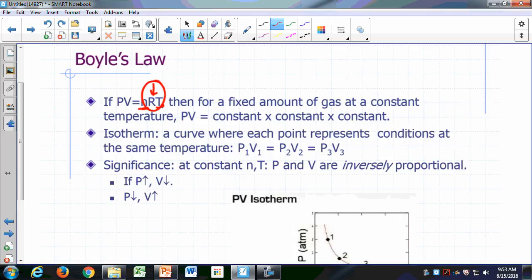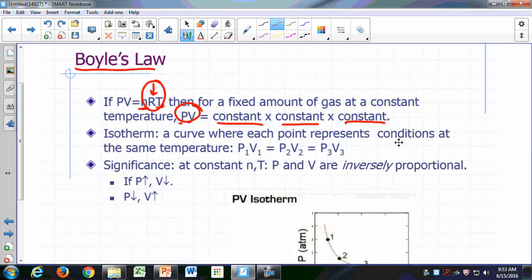So your pressure times volume, which we're going to let vary, would be equal to a constant times a constant times a constant. So the whole thing on the right-hand side is just equal to a constant. Now, that behavior was originally studied experimentally by Robert Boyle, and the relationship between pressure and volume was in fact discovered by Robert Boyle.